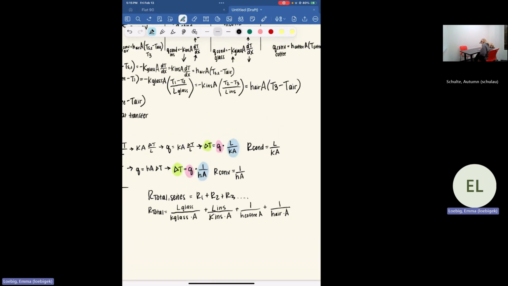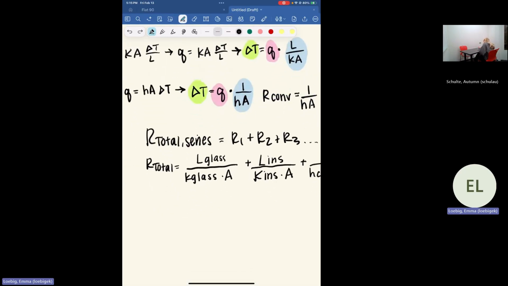Now we can see that we have this singular area term that is not changing. They all have the same area, so we can actually just take that out of our equation.